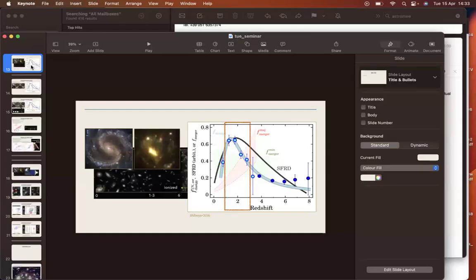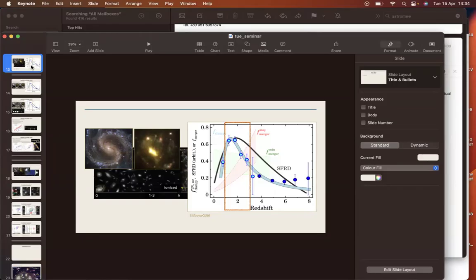You don't see a spiral galaxy with no clumps, so you can't say this is a clumpy galaxy and this is not. It becomes very difficult to say, so at those high redshifts it's probably not even doable.